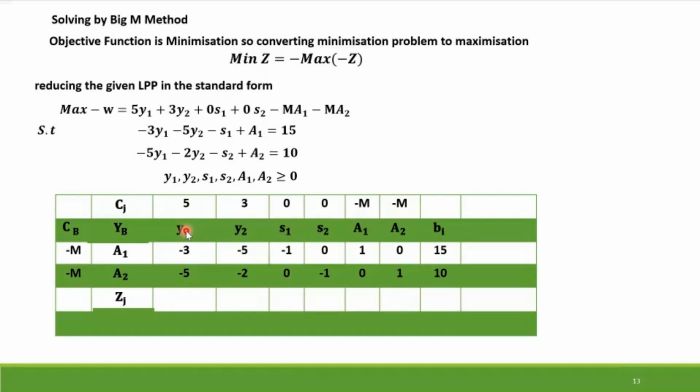Zj. So -M into -3, 3M, and here 8M. 3M plus 8M, 3M plus 5M, that is 8M. 5M plus 2M, that is 7M. M minus 0, M. 0 minus M, minus M, minus M. Zj minus Cj's will become 8M plus 5, 7M plus 3, M, 0, 0.